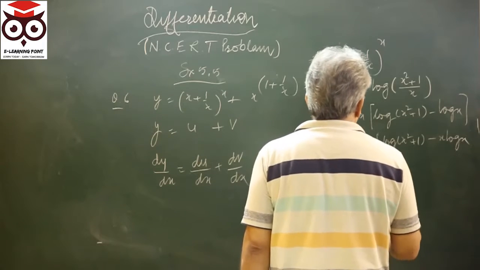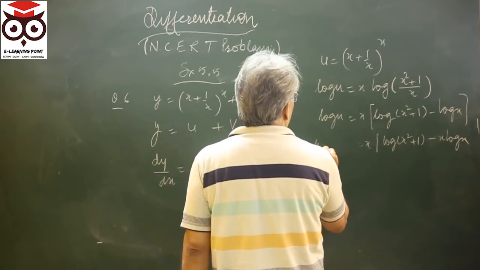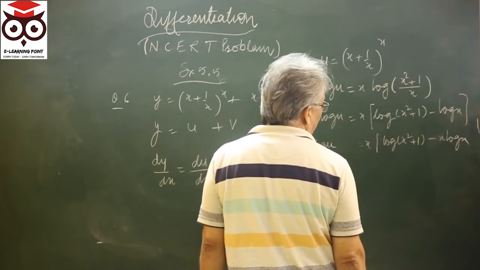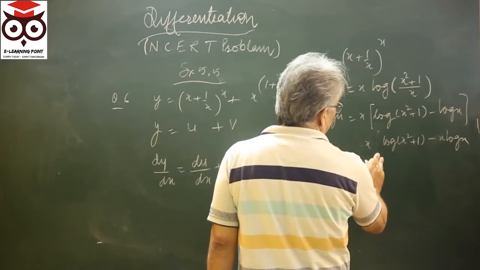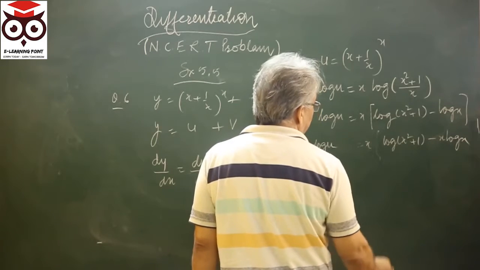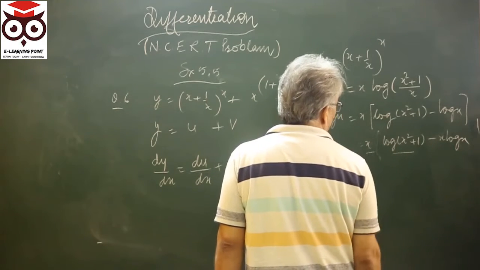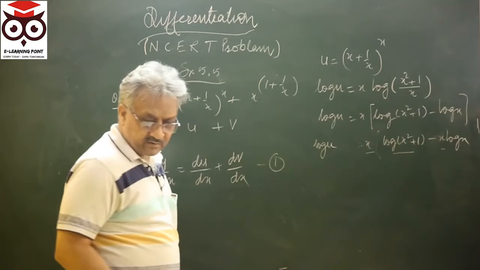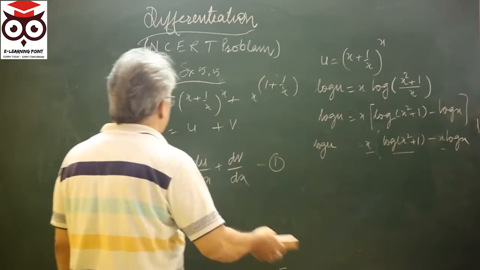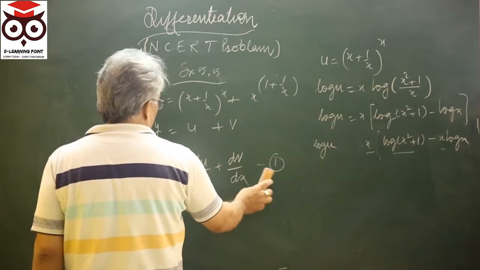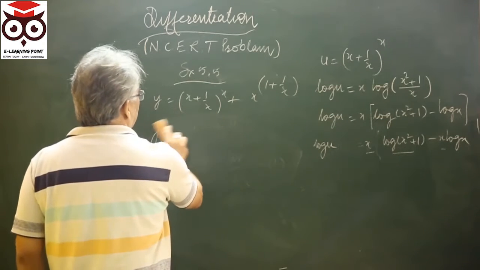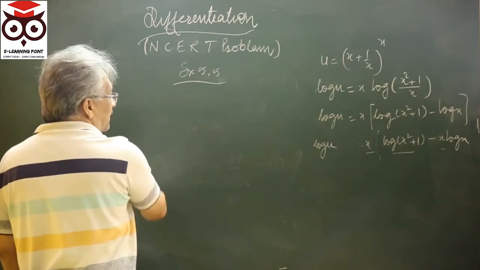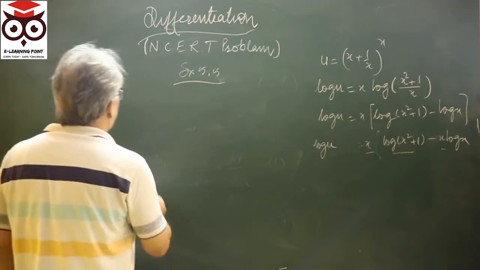Now you will use a product formula. So this can be written like this. Here also you will use the product formula. And remember, this is your first equation. Now how will I differentiate?